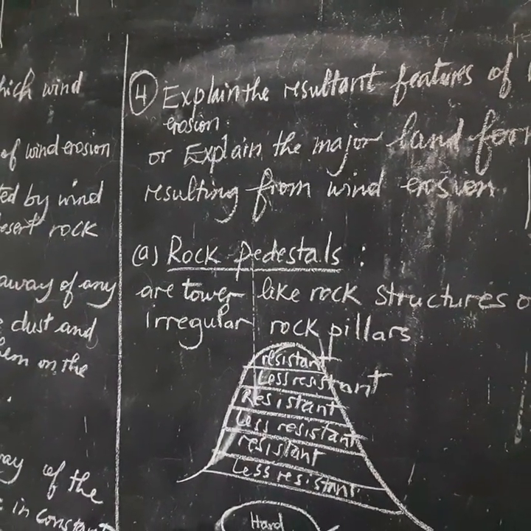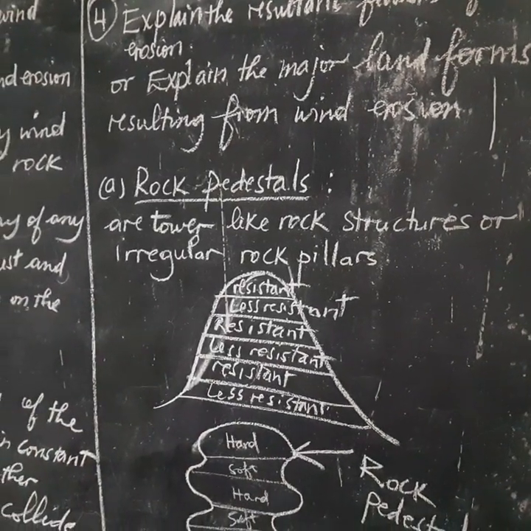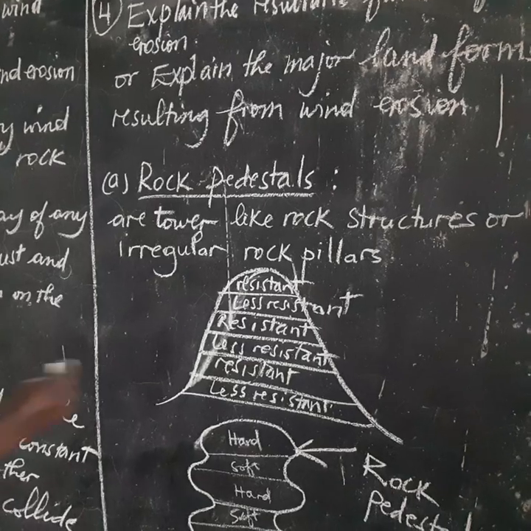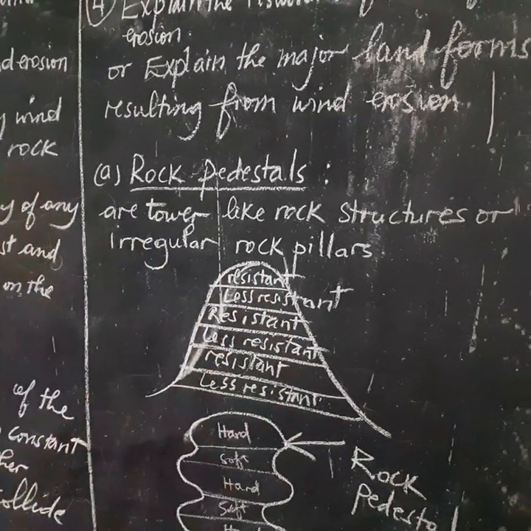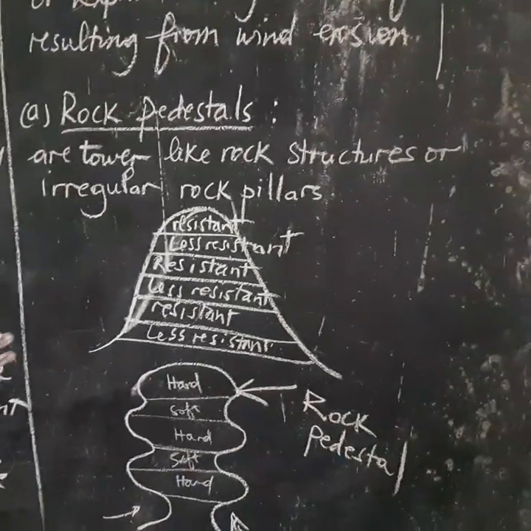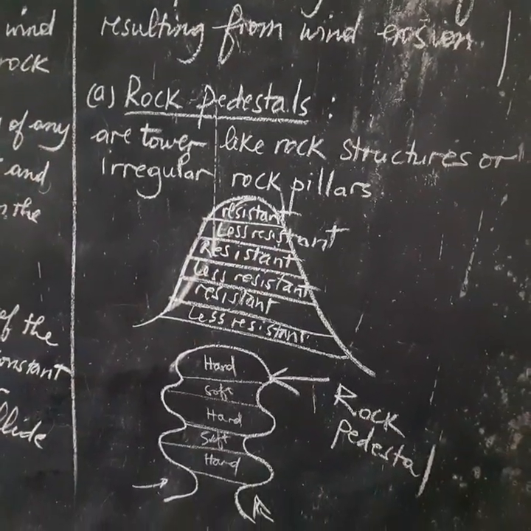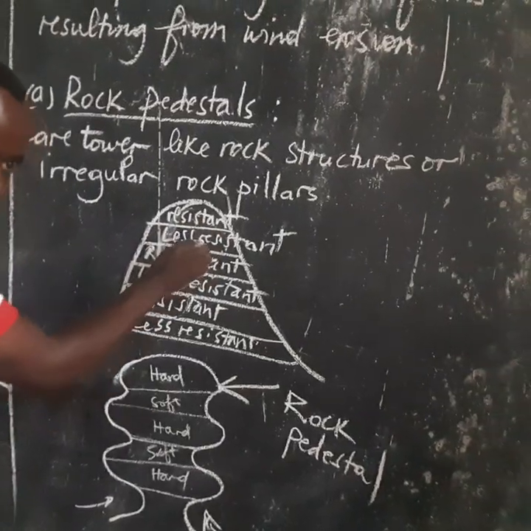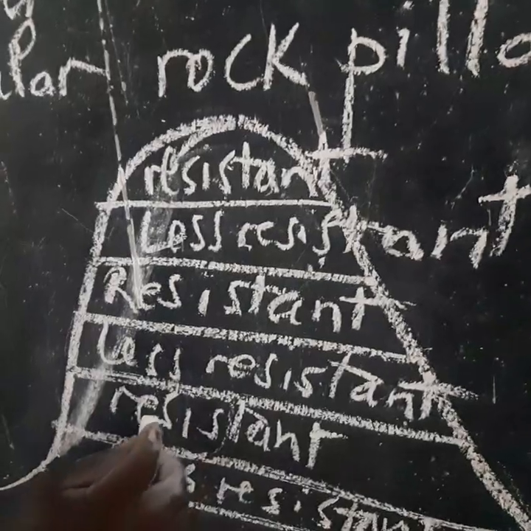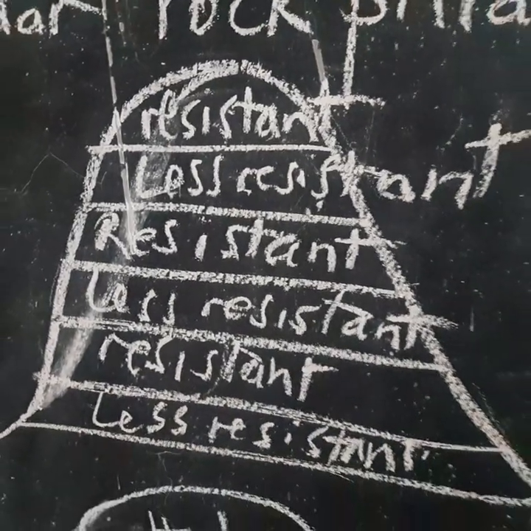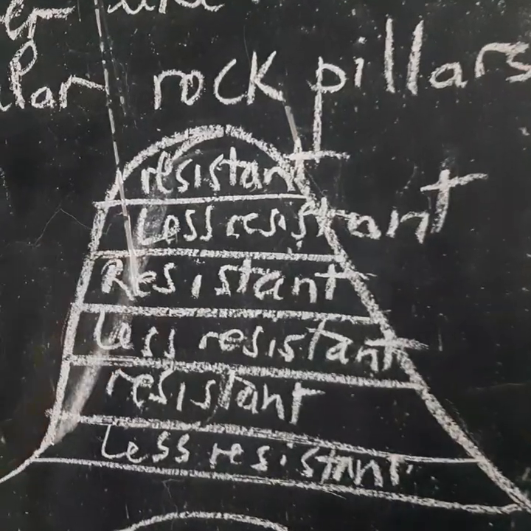Rock pedestals are tall rock structures or irregular rock pillars. So we have what seems to be a mountain. This mountain or rock is made of resistant rock and less resistant rock, alternating.